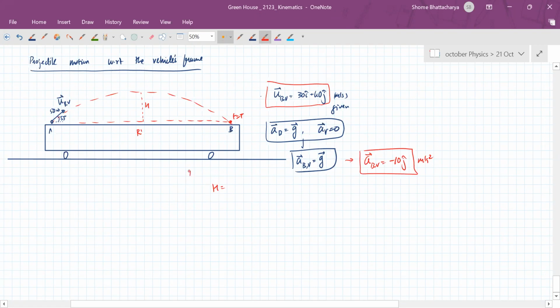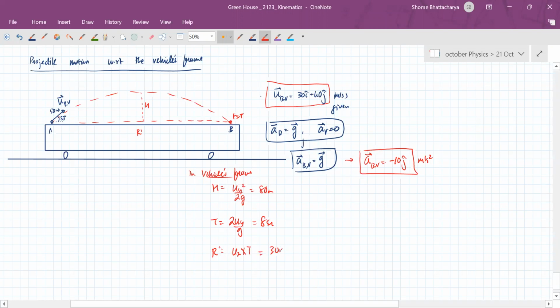So you can see that in the vehicle's frame, it's again 80 meters, there's again 8 seconds, but the range is now ux into time.